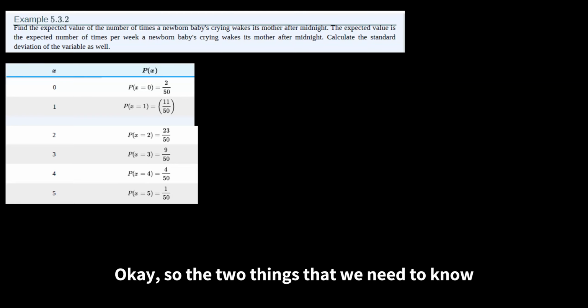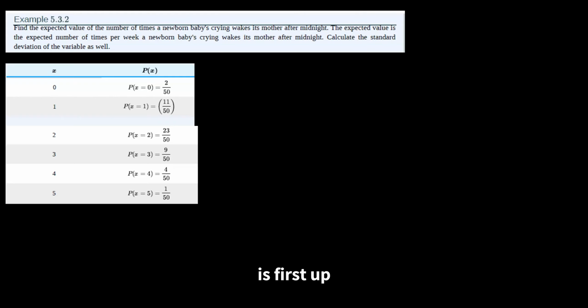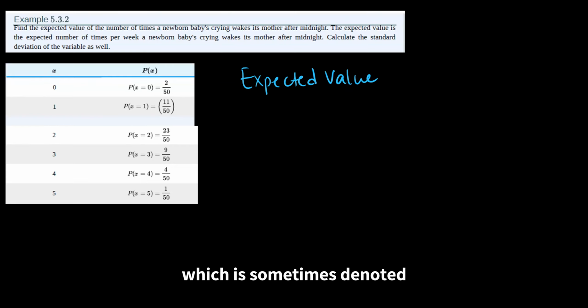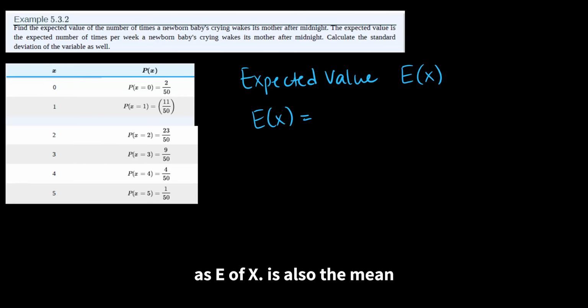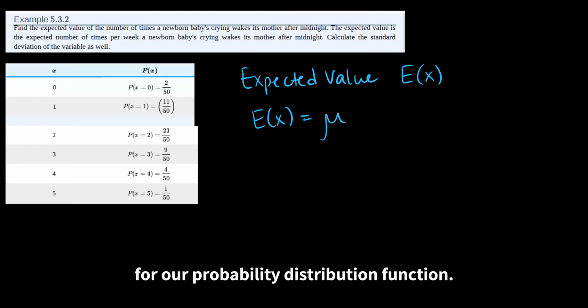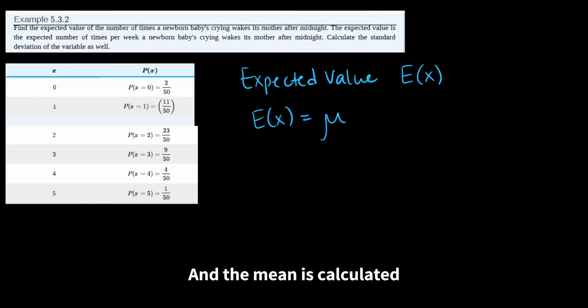Okay, so the two things that we need to know is, first up, expected value, which is sometimes denoted as E of x, is also the mean for our probability distribution function. And the mean is calculated a little bit differently for the table.